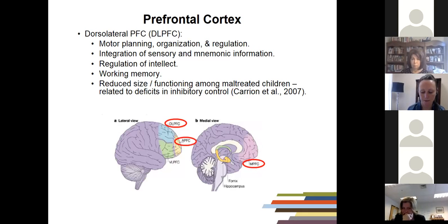Among kids who've experienced early maltreatment, we see deficits in how well this part of the brain functions that are linked to problems with inhibition. It's like the brain's mental braking system is not working as well. And so they're not able to control those impulses. They're not able to stop themselves from hitting Johnny next to them in class when they get annoyed, or from acting out or different things like that.